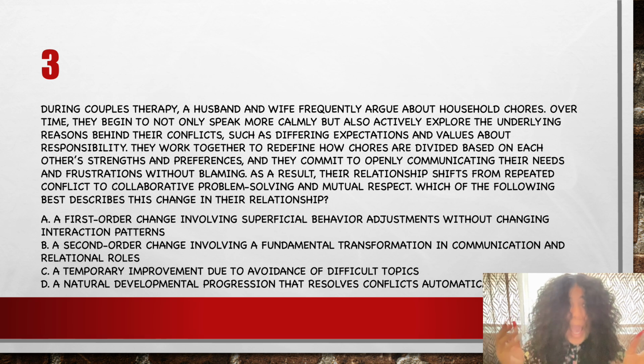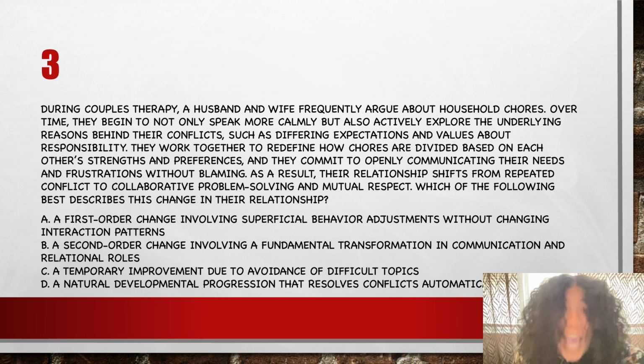Right? So A says first order change involving superficial behavior adjustments. No, we're just not seeing superficial behavior adjustments in there, because what's happening? They're working together. They've redefined how the chores are divided. They've changed their system, because before they would argue about the chores, but now they've redefined how they are going to be dividing the chores based on each other's preferences, right?